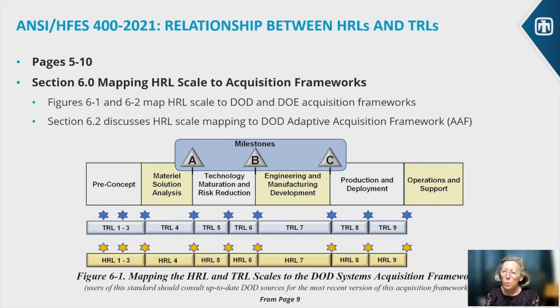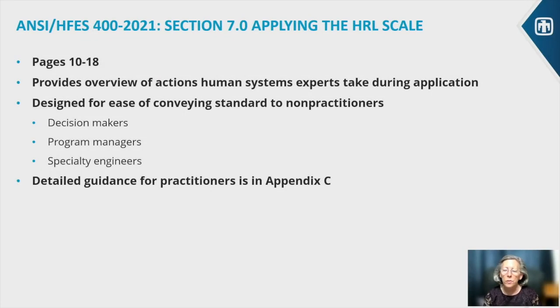And I do know the Naval Postgraduate School has done some more work on fleshing out that mapping between human systems integration and this new adaptive acquisition framework. But as you can see here, we've shown the ideal situation where the HRLs basically align one-to-one with the TRLs throughout the process.